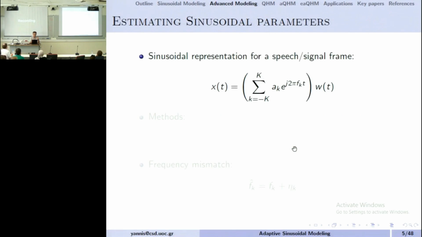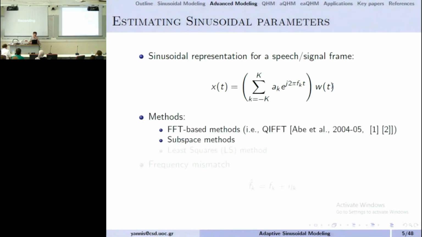So this is the sinusoidal model that you know: complex amplitudes, frequencies, and this is the window. Now, we can estimate that in many ways. The subspace method and the least squares method are different. The subspace method is based on the eigen or singular value decomposition because it works on noisy speech. The least squares method, as we already mentioned.